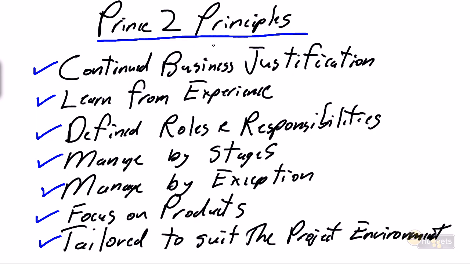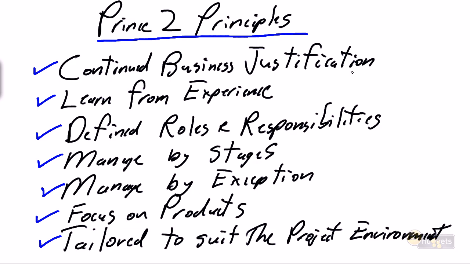Unlike the last 2 nuggets where I overviewed the process model and the themes and alerted you that there will be subsequent nuggets to follow and give you the details of each of the processes and each of the themes, the Prince2 principles are self-contained in this specific nugget. In this nugget, we're going to review the details of these 7 principles, recognizing that there's a common theme, or a common principle, if you want to use that term, throughout these principles.